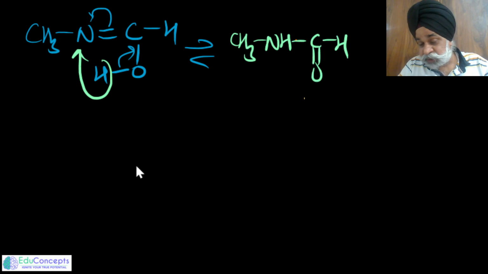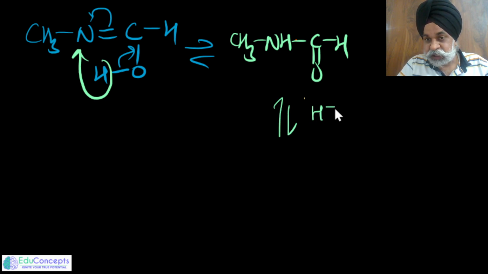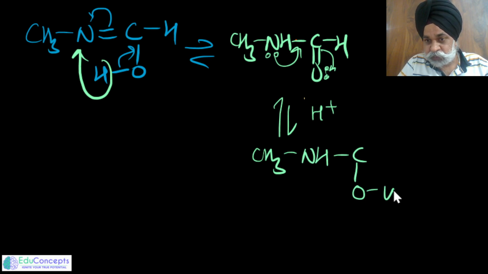But the reaction doesn't stop here, because you still have H positive with you. So the H positive again would attack this lone pair, or you can take it like this also. Whichever way you think about it, both ways it is resonance stabilized, and the negative charge can come here also. So the next step which you would get here is NHCOOH.